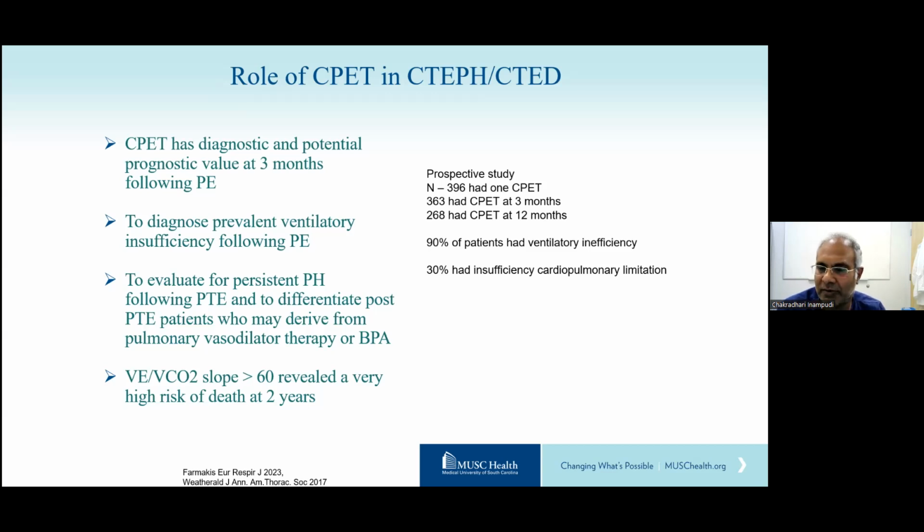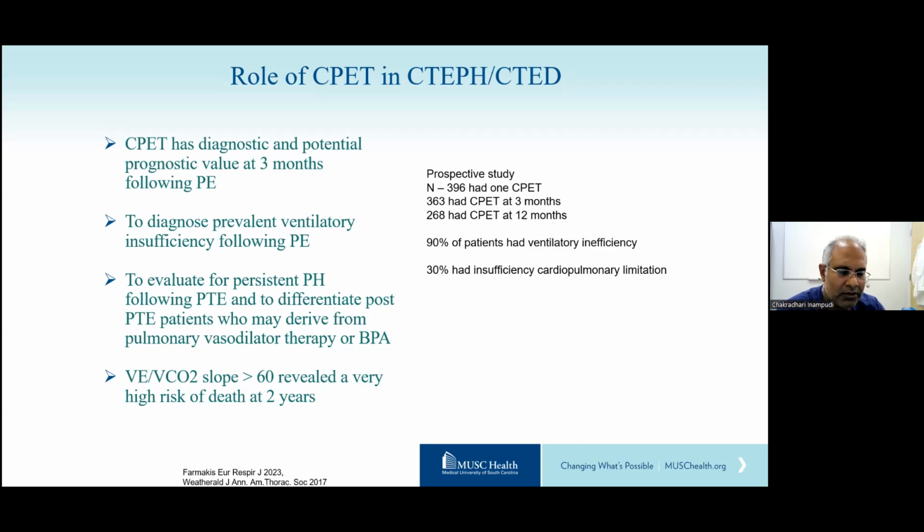But there is a minor fraction of patients who have either distal disease or a small vessel microvasculopathy. They might still have some residual pulmonary hypertension, as noted by an elevated VE/VCO2 slope and residual ventilatory abnormalities. These patients may benefit from pulmonary vasodilator therapy, or some centers that have expertise in performing balloon pulmonary angioplasty, which can also be helpful. And you can actually repeat CPETs in these patients to understand the benefit of the drug therapy.